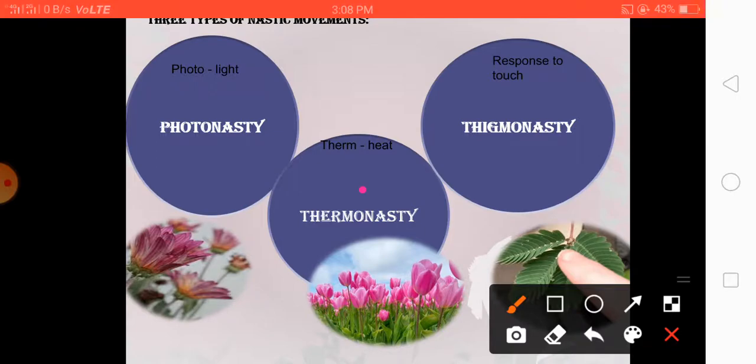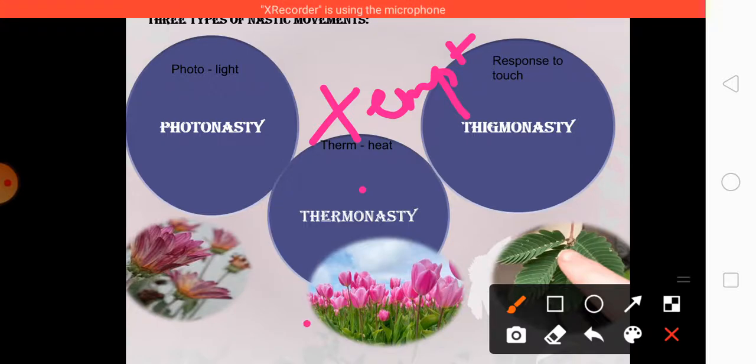Here is the movement of a part of the plant in response to heat. So what happened? The temperature matters. Heat automatically gives rise to temperature. So here you can see the tulip flowers bloom as the temperature increases. So here the temperature matters.